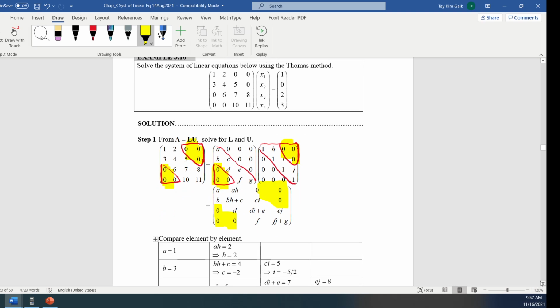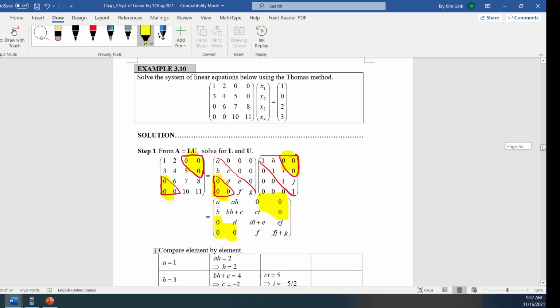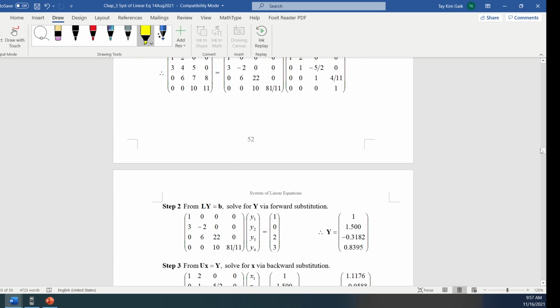Later on, you do the matrix multiplication and compare element by element. You will get all the A, B, C, D, E, F, G, H, I, J. And then the second step, solve for y from Ly equal to b. Of course, to get a quick answer, you need not do the forward substitution manually.